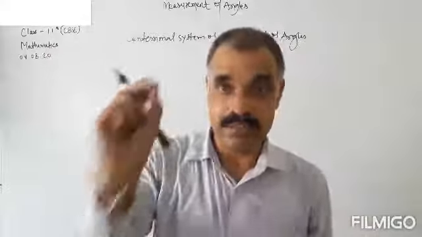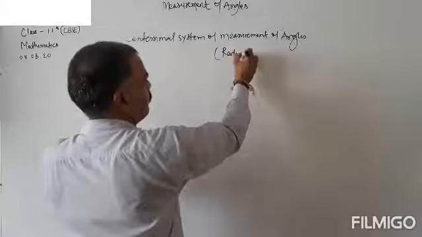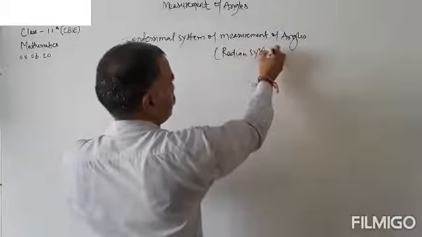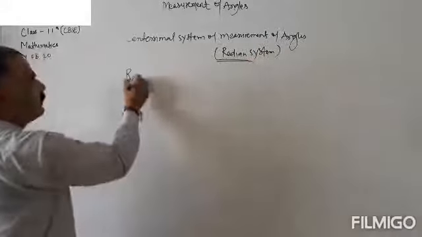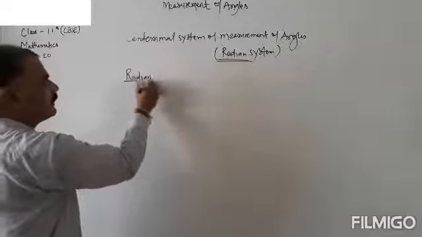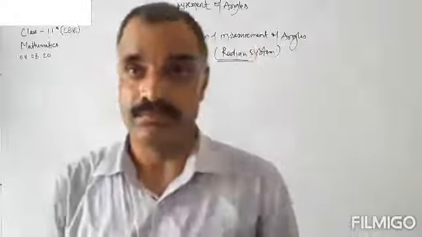This is said to be the radian system. Now, what is this radian, R-A-D-I-A-N? Now we will discuss the radian.